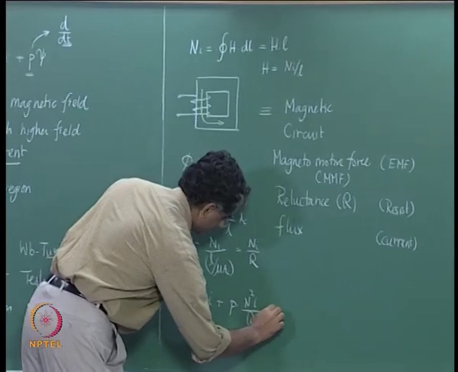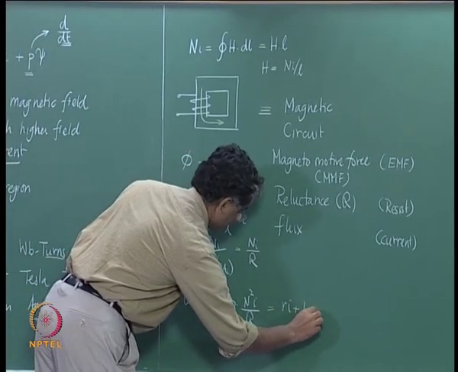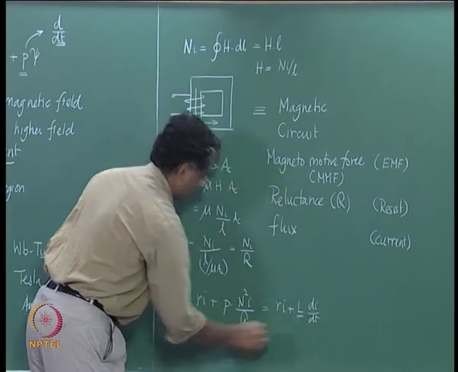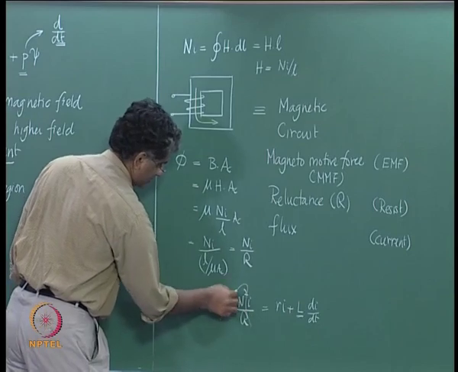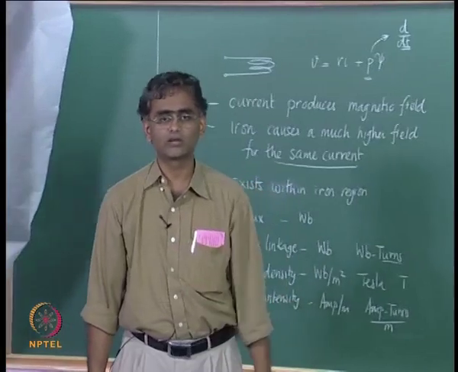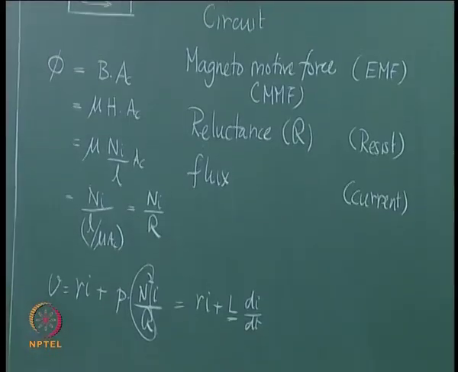So one can further write this as Ri plus L into di by dt, where L then is n squared divided by R. So that then is the inductance that is offered by this system to the electrical circuit.